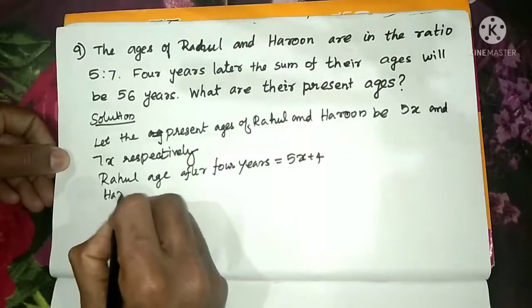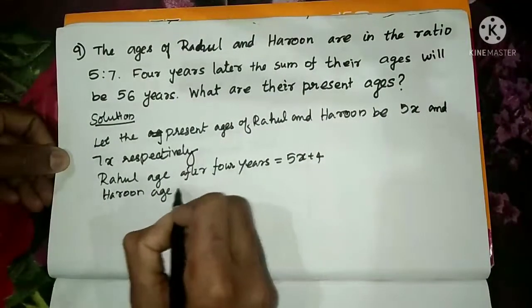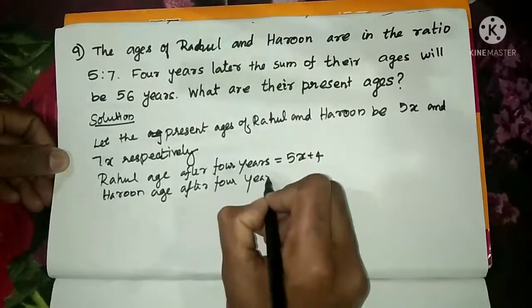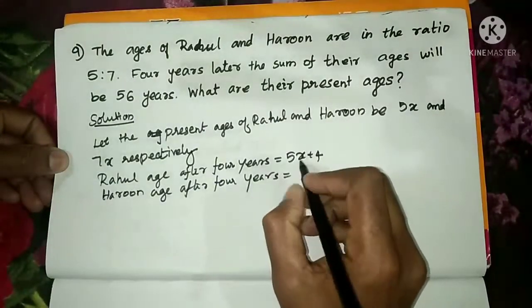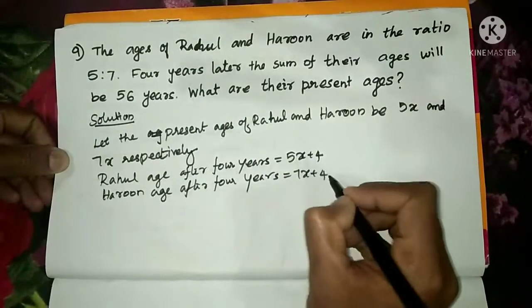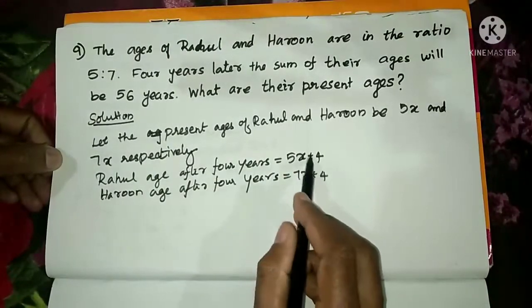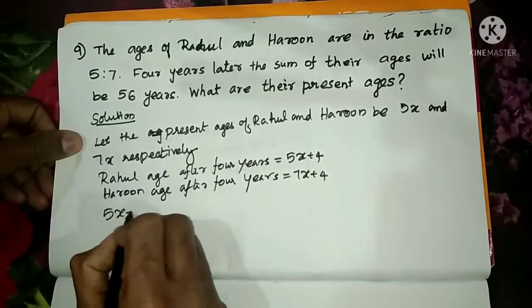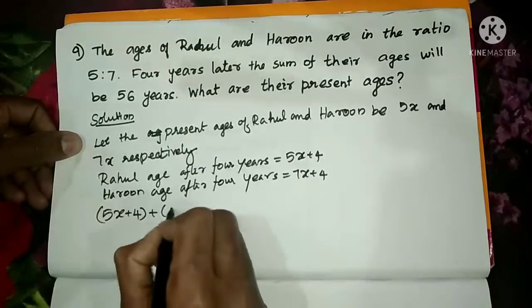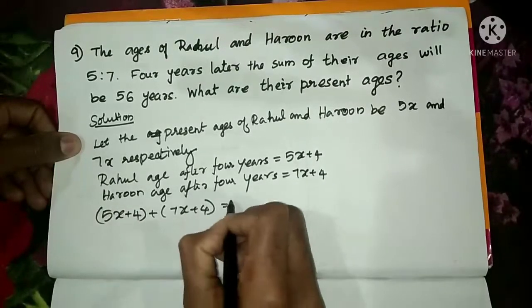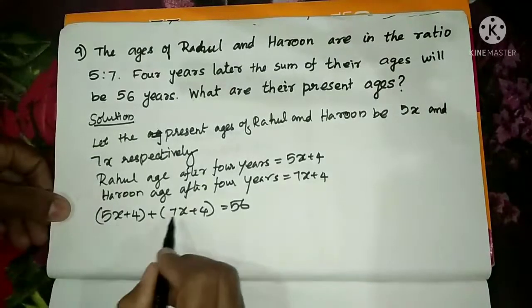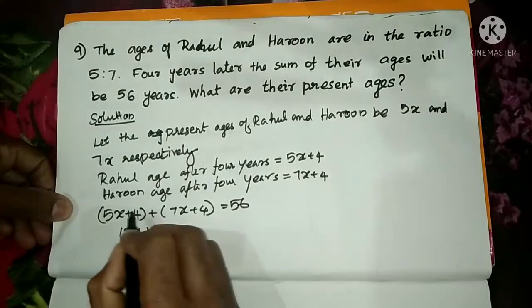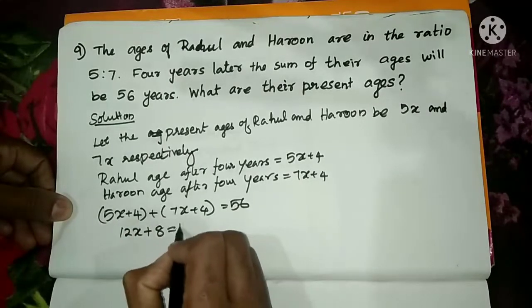In the same way, Harun's age after 4 years will be 7x plus 4. Sum of their ages after 4 years is equal to 56, which means 5x plus 4 plus 7x plus 4 equal to 56. When you add 5x plus 7x, we get 12x, plus 4 plus 4 is 8, equal to 56.